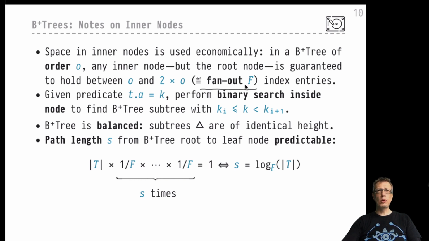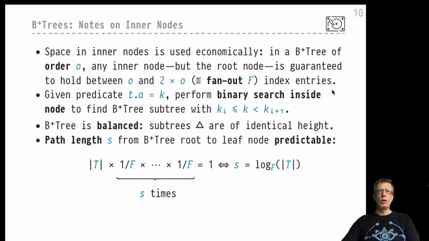But as we will see when we talk about B+Tree maintenance, it's very useful to have some slack space, some wiggle room inside these nodes to move entries from one node to another. We can benefit from free space that is present in some of these nodes, but the order O of a B+Tree controls that we never store less than O entries inside a B+Tree node. So having wiggle room and some slack space is nice, but not too much. We would otherwise waste node space and allocate more pages for the B+Tree than actually would be necessary.